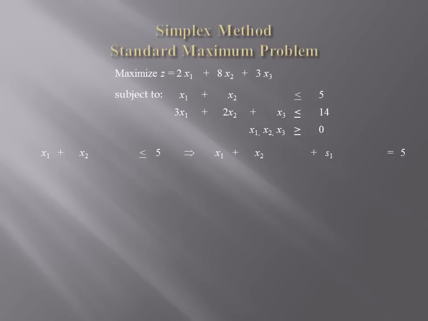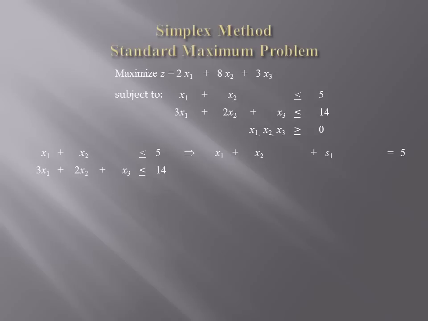That is, we will add s1 to the left side so that x1 plus x2 plus s1 will equal 5. For example, if x1 were 1 and x2 were 2, x1 plus x2 would be less than or equal to 5. The slack variable s1 would then be equal to 2.